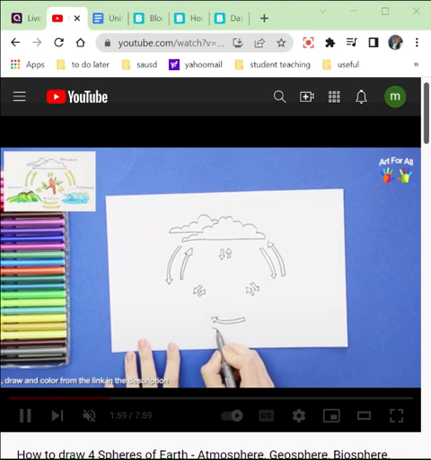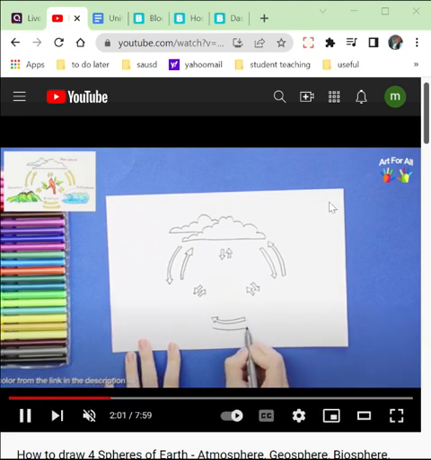So make sure you leave some space too, so that we can write our notes later. You know how they left blank spaces?